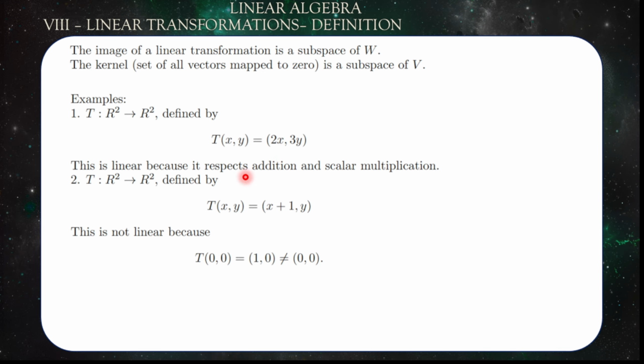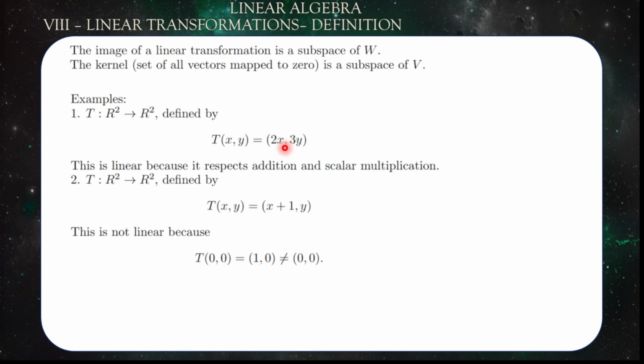And if you multiply by a scalar, let's say 4, you get 4 times 2x and 4 times 3y. For x and y equal to 0, the scalar multiplication would always give you 0 as well. That's the point. And for the addition, 2 times (x1 plus x2), 3 times (y1 plus y2).